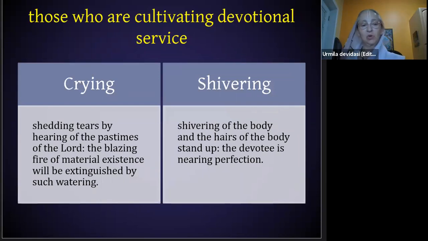So Prabhupada says those who are crying, the tears will knock out the fire of conditional life, and the shivering shows that one is nearing perfection. So these are some signs that one is in this category of Madhyama, although sometimes kanishthas and even non-devotees have some abhasa, some semblance of the sattvika bhavas.